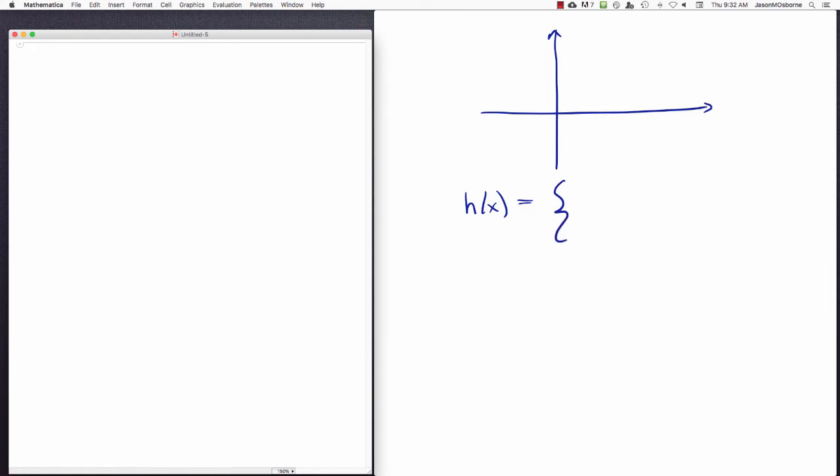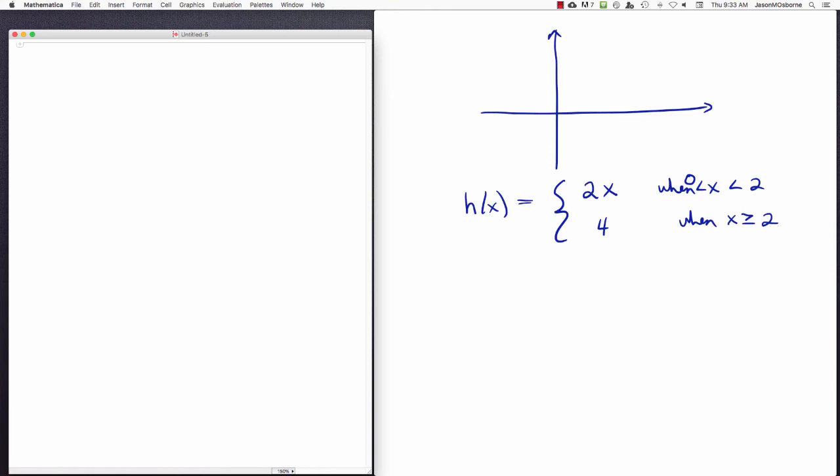Let's call it 2x, and this is for values of x when x is less than 2 but greater than 0. And then the function is 4 when x is greater than or equal to 2.